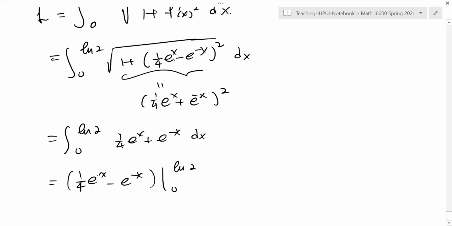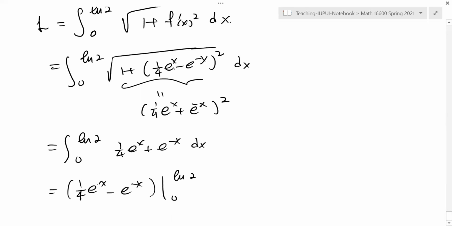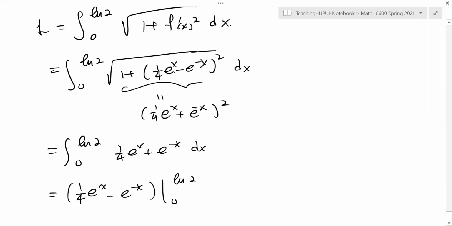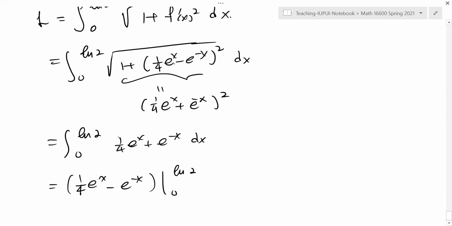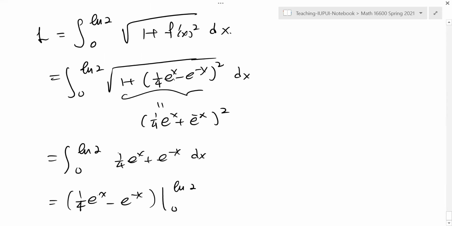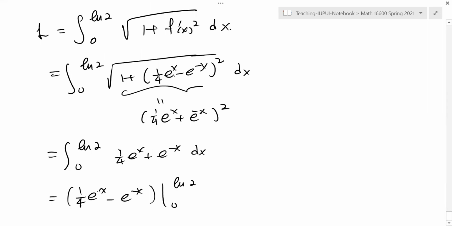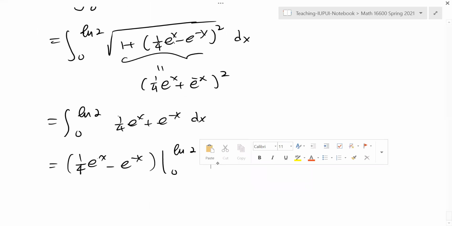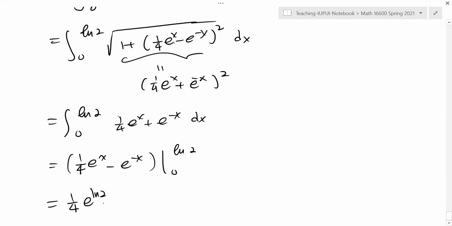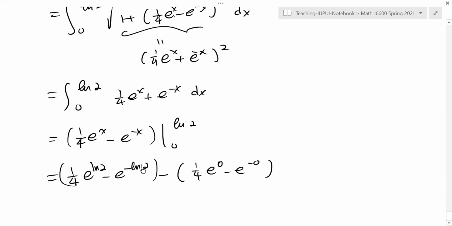Okay, it's okay now. A quarter of e to the natural log of 2 minus e to the negative natural log of 2, minus a quarter of e to the 0 minus e to the negative 0. Let's simplify the first one.